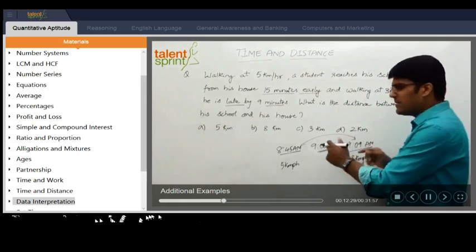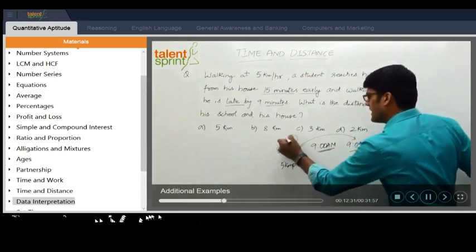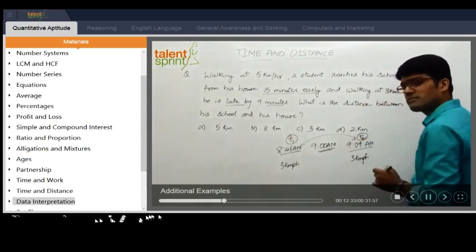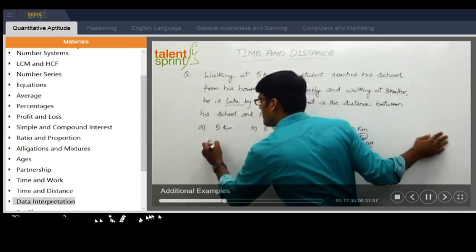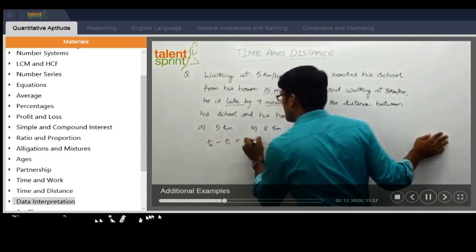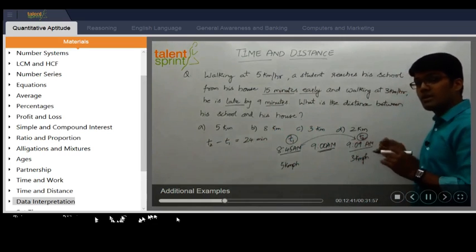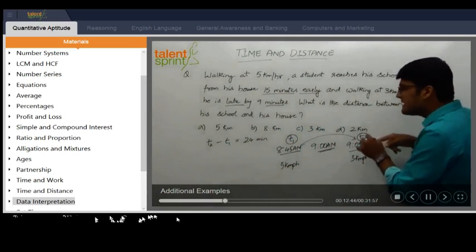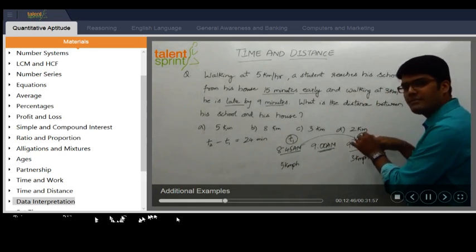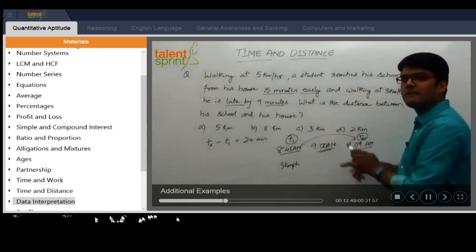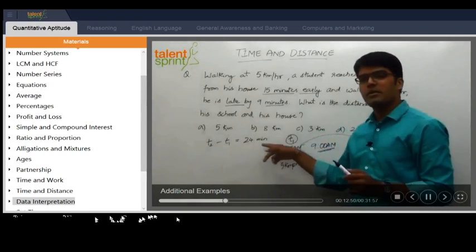There are two different time intervals. Let's say this is T1 and this is T2. We know that T2 minus T1 is equal to 24 minutes. It's not the time taken, it is this instant: 9 o'clock and 9 minutes is time 2, and 8:45 is time 1. So T2 minus T1 is equal to 24 minutes.